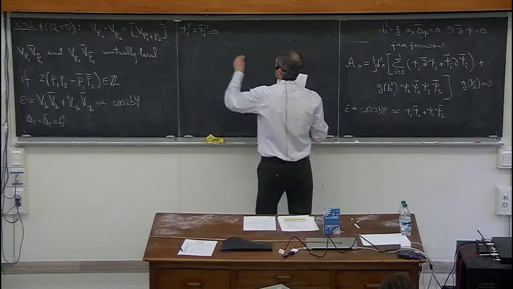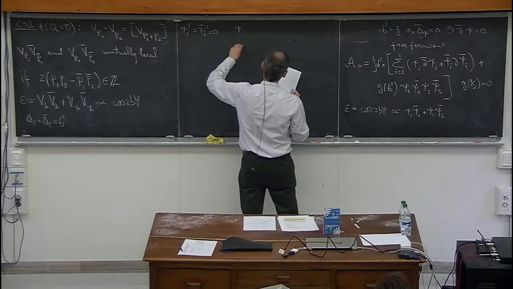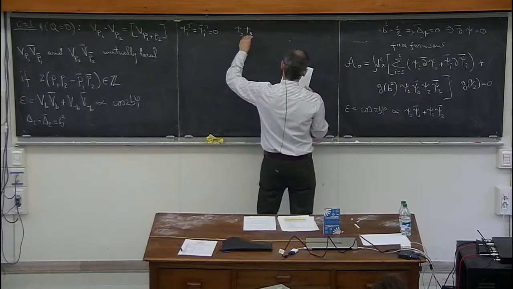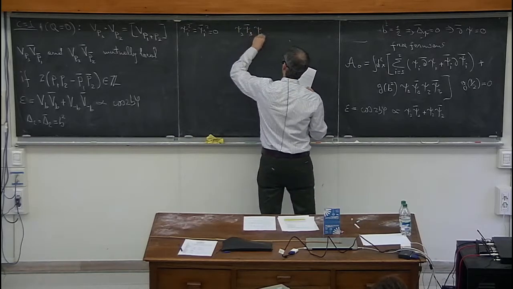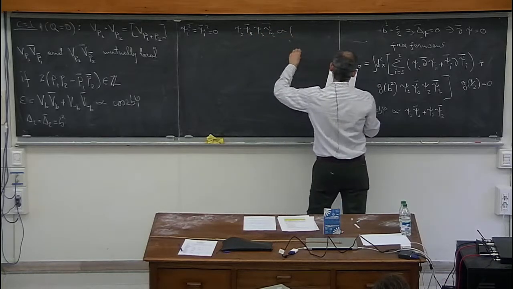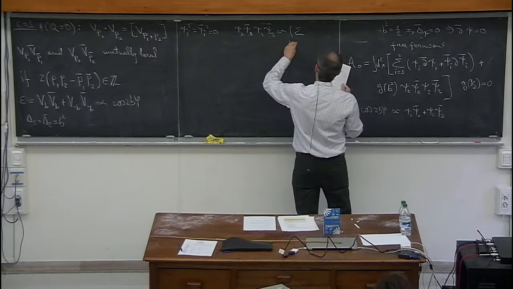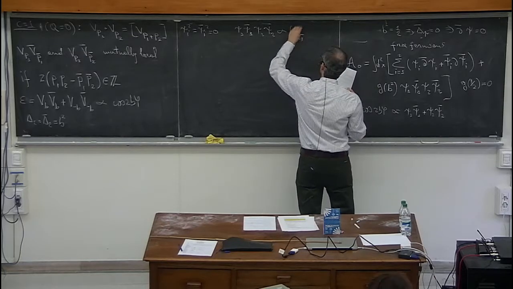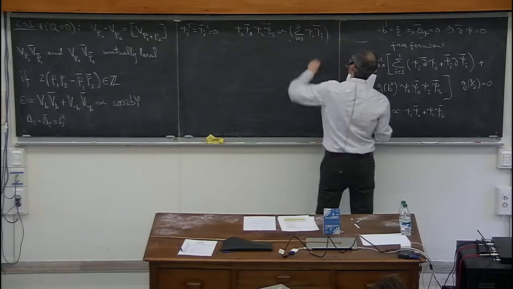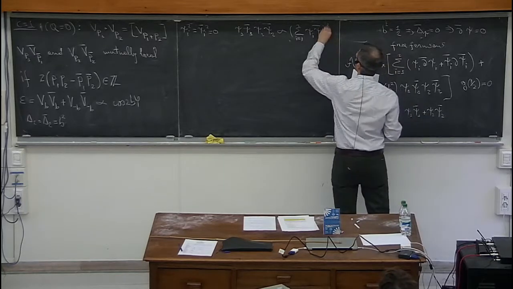So in such a way we can rewrite the four fermion interaction as some psi squared psi bar squared.